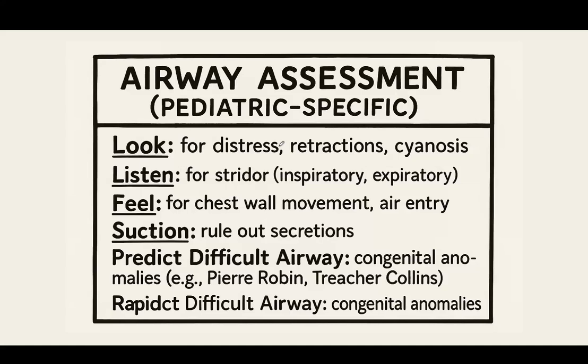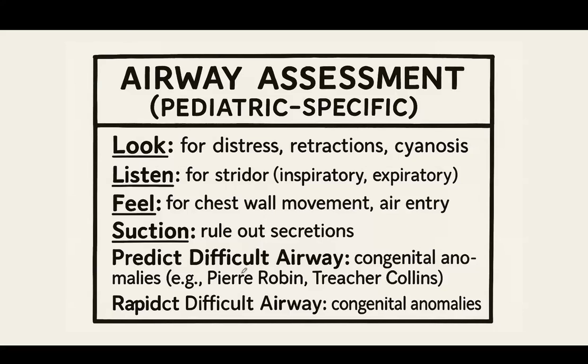Predict difficult airways, especially if you have congenital anomalies like Pierre Robin. Always presume that if you have one congenital anomaly, you may have many other anomalies, so be very suspicious and have a high suspicion index, and do your homework and assessment if you have time, doing all investigations.